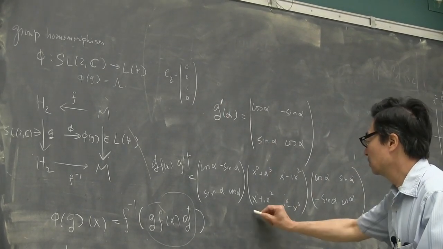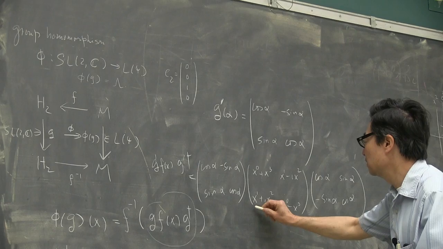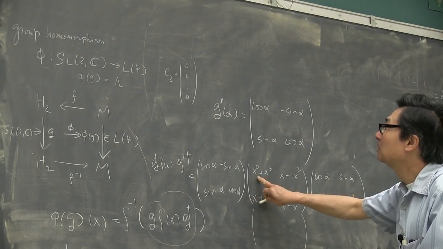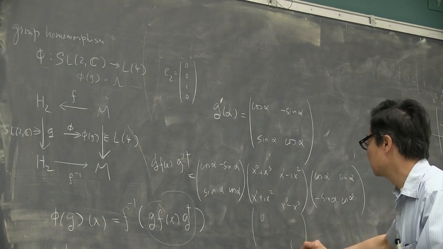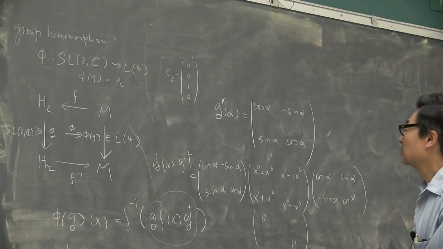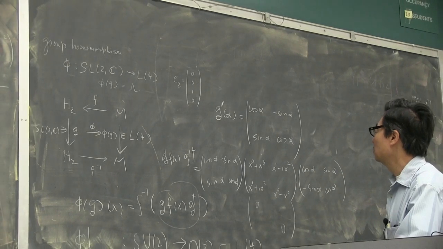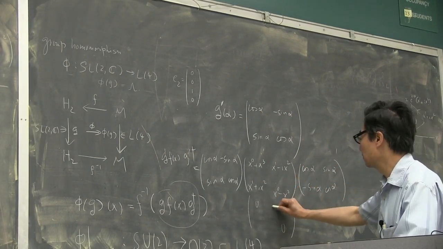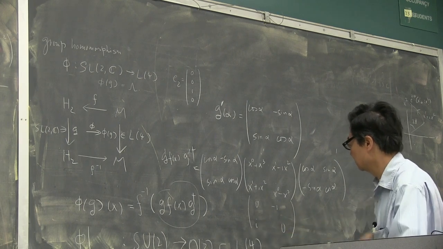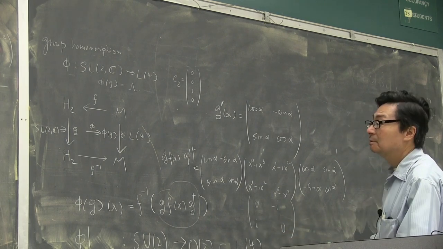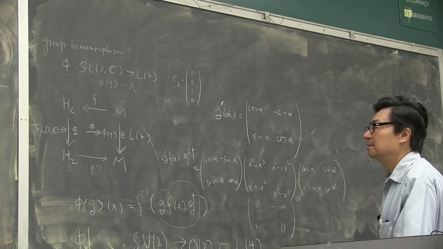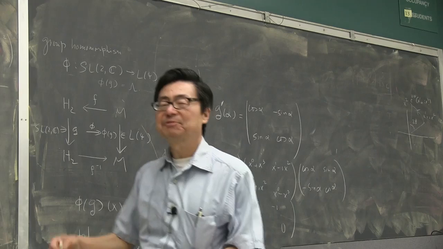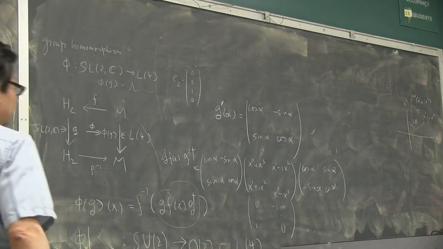So if you do this, well, x0 and x3 are both 0, so x1 is equal to 0 and x2 is equal to 1, so you have minus i and plus i, like that in here. Whoa, that's sigma 2. You know that already. F maps E2 to sigma 2.